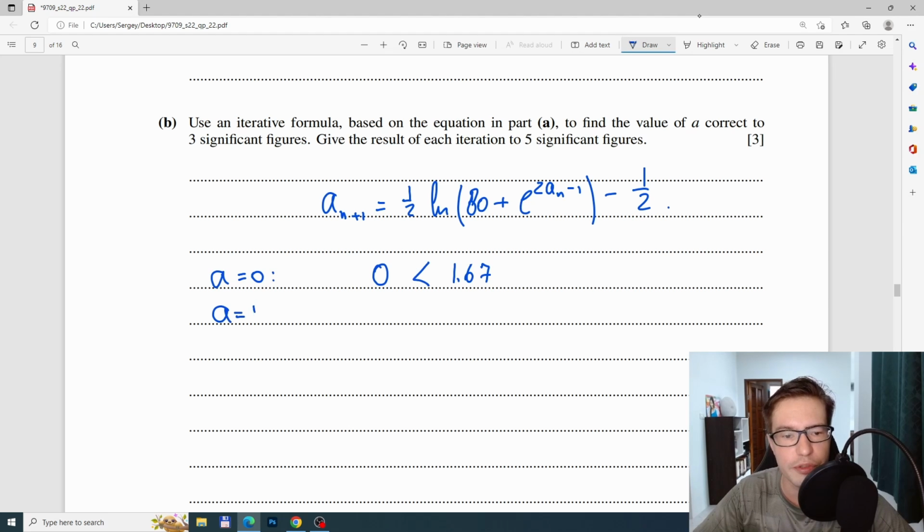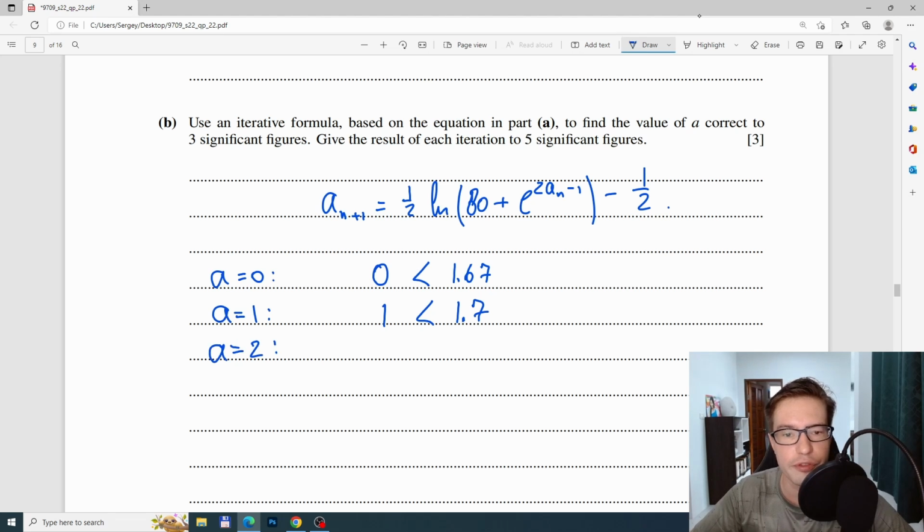Let's try a equals 1. 1 on the left side, and then on the right side, we get 1.7. So 1 is less than 1.7. In both cases, the left side is smaller than the right side. That means our solution is not between 0 and 1.